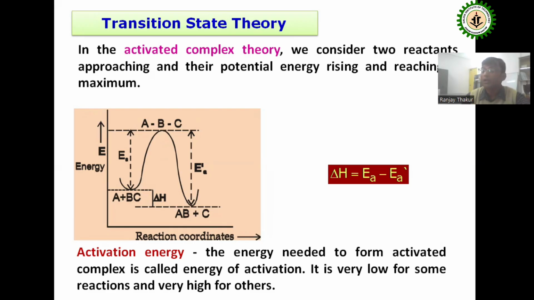If more activation energy is needed, it takes a long time, and the reaction rate is slow. If a lesser amount of activation energy is required, then we supply that energy in less time. If time is lesser, then as we know, rate of reaction is inversely proportional to time. So if time consumption decreases, rate of reaction increases.